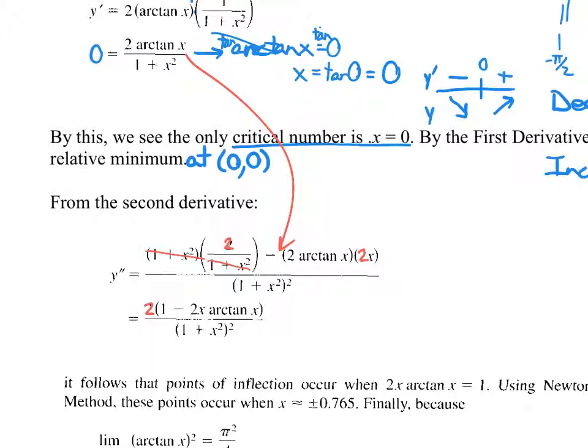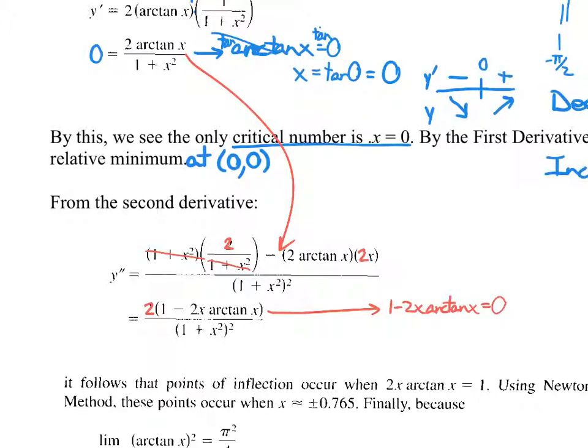So now we need to think through where we are going to get our points of inflection. Well, that's going to be where this thing equals 0. So that's going to be where 1 minus 2x arctan of x equals 0.